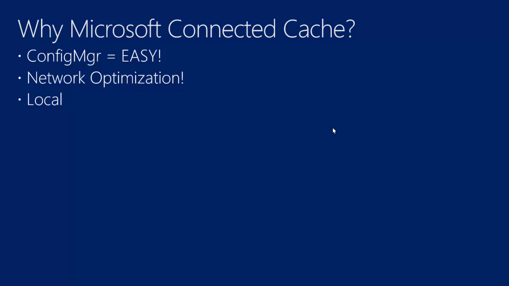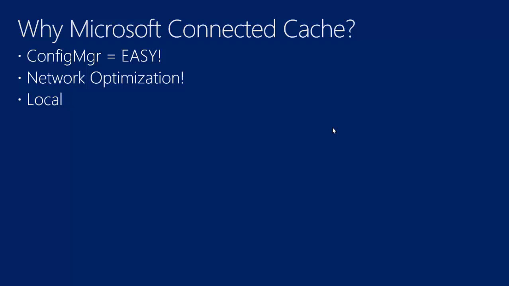Again, there are other ways to implement a Microsoft Connected Cache server. You'll see them in a minute. I've read through the documentation on it, and I will tell you that the Config Manager way is the easiest way to implement a Microsoft Connected Cache server, but there are others, right? Network optimization is clearly a part of why we are even thinking about delivery optimization, and why we would care to add a Microsoft Connected Cache server on top of what delivery optimization already provides.